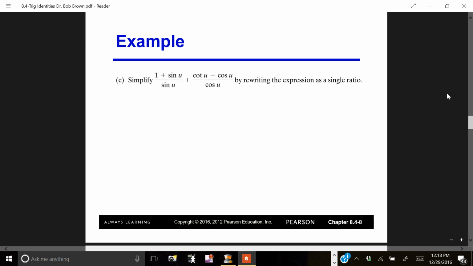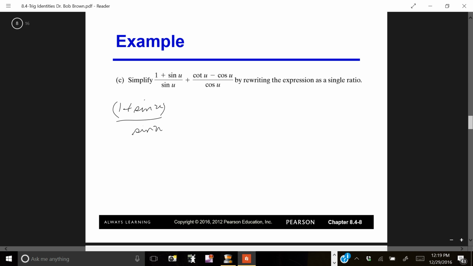Now, with this example, we want to simplify this expression, and it says by rewriting the expression as a single ratio. Well, that really means that we want them to have the same denominator, and maybe something nice will happen. 1 plus sine of u divided by sine of u.